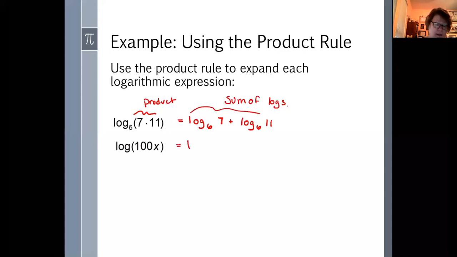So we can write this as the log of 100 plus the log of x. When you have a logarithm written as log with no subscript, this is the common log. So this is the logarithm base 10.